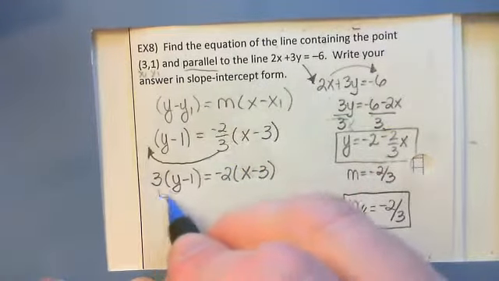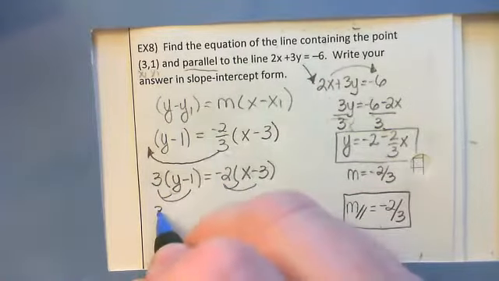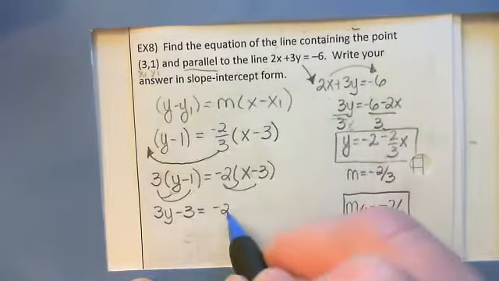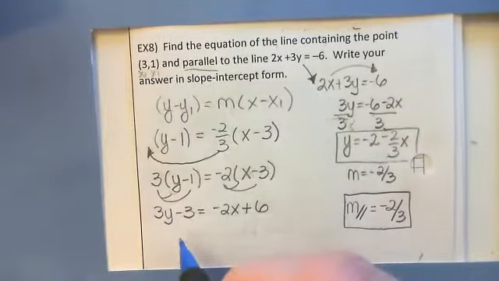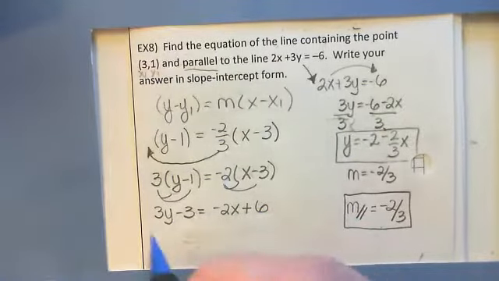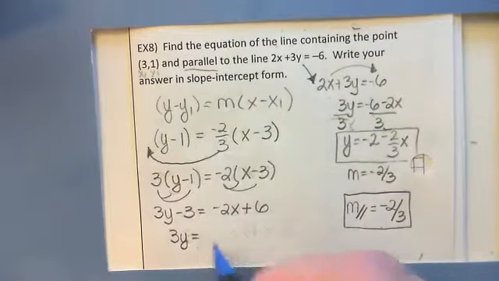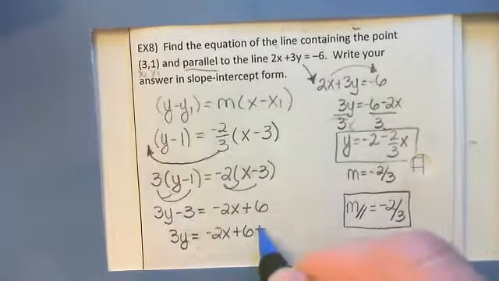Alright, so now let's distribute the 3 and the 2. So this would be 3y minus 3. And this would be negative 2x plus 6. Alright, now our job is to get in slope-intercept form, so we're going to get the y alone. So this would be 3y equals negative 2x plus 6 plus 3.